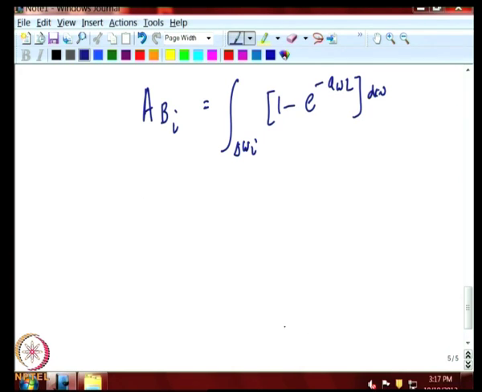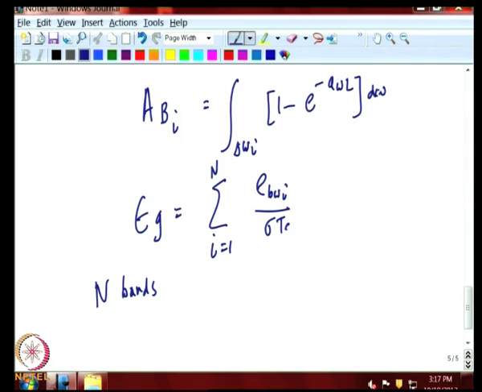And once you do that, you calculate emissivity as a sum over all the bands, i equals 1 to n, let us say there are n bands, and calculate the black body function at the center of the ith band, and you have the A_i, which will be a function of the partial pressure of the gas times the length scale involved, something called the line structure parameter, which we will define now, and gas temperature.